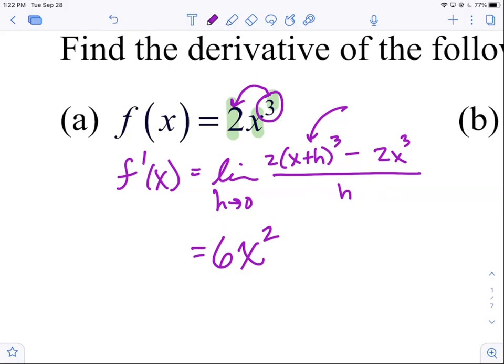It always comes out to be a n x to the n minus 1. I don't know who the first person to discover that was, but we've all benefited from it ever since. That is the derivative of 2x cubed. It's 6x squared.